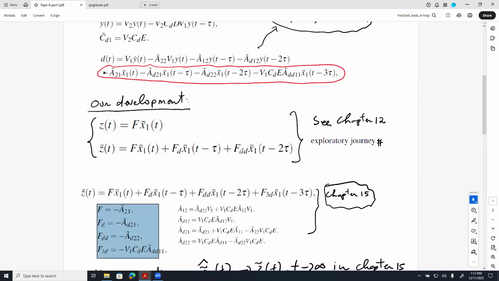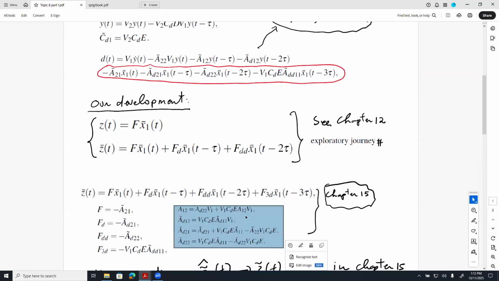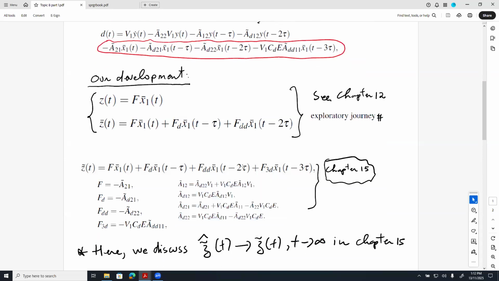We call these F, FD, FDD, and F3D, so basically associated with 3 delays in there. All the associated matrices are well defined, so we know them. They are known matrices. Okay. So this is what we are going to do, and we basically discuss what happened in chapter 15.